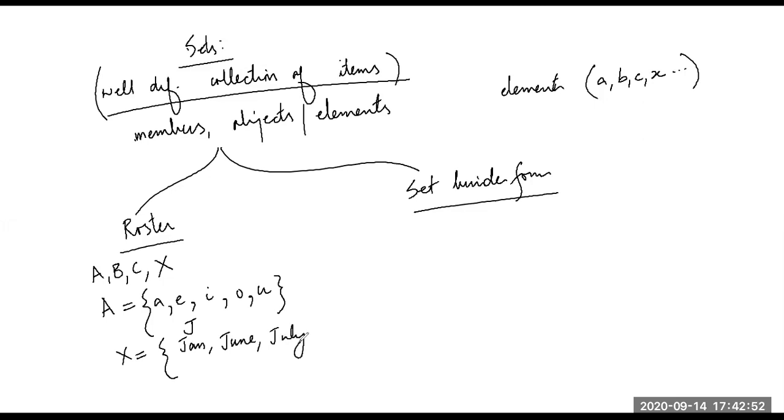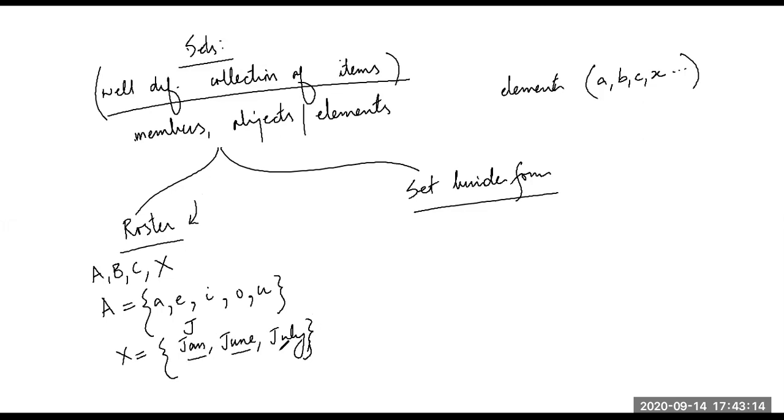Is there any other month starting with J? January, February, March, April, May, June, July, August, September, October, November, December. No. So no comma at the end. I close the braces. This is one disadvantage of roster form, that I have to write each and every member.